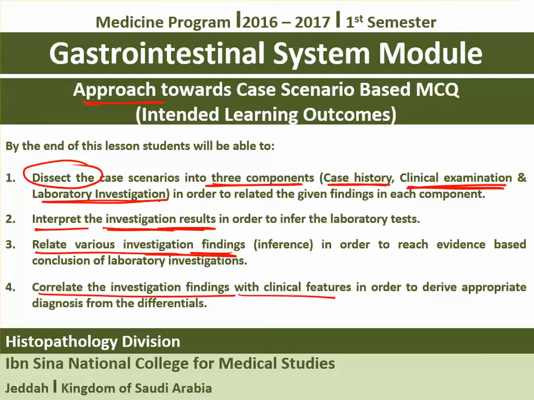Then you can derive a diagnosis from the differential diagnosis, because by seeing the clinical findings you derive 10 diagnoses, then you do an investigation. Okay, then all the investigation conclusions should be correlated with the clinical findings.